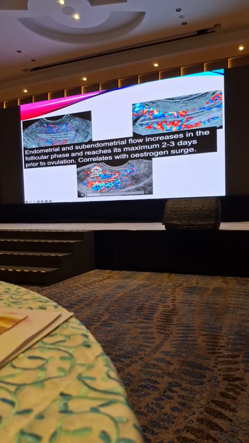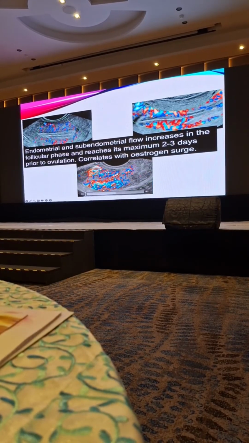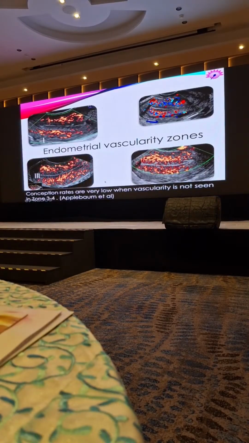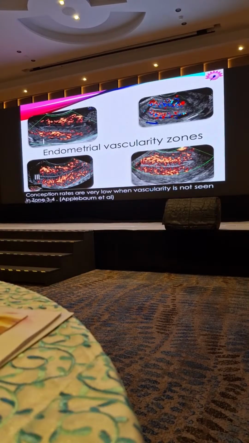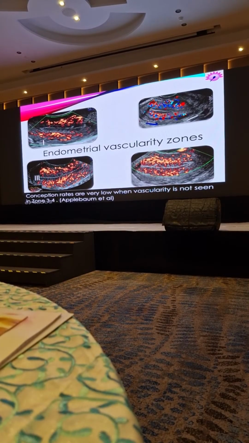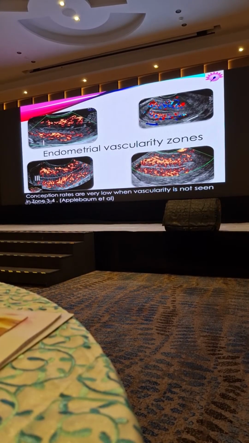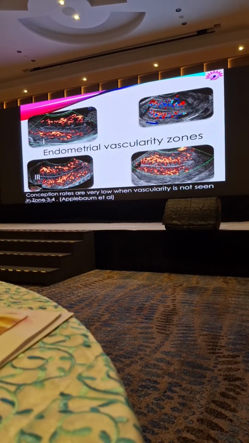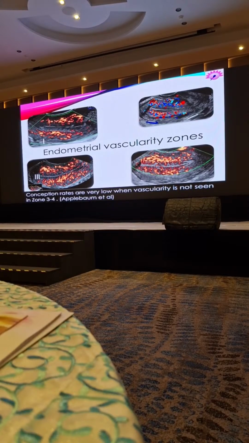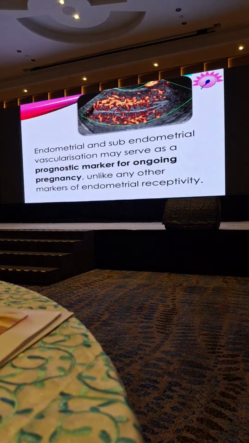Only when it reaches the inner layers of the endometrium are we satisfied. We call this intra-endometrial vascularity or zone 3 and zone 4 vascularity. These vessels supply oxygen and also nutrients to the endometrium to produce an endometrial morphology which is good for implantation to occur.